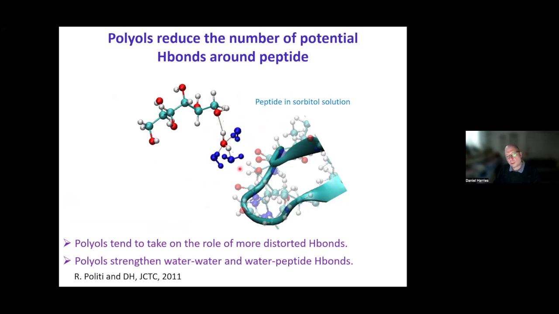And so what we have close to the protein is a layer of water that is even more, if you like, hydrophilic than bulk water, because the hydrogen bonds are stronger and it is harder to compete with these rather strong hydrogen bonds. What that means for the protein is that it has to look for interactions elsewhere, and specifically the formation of internal bonds inside this protein or peptide.